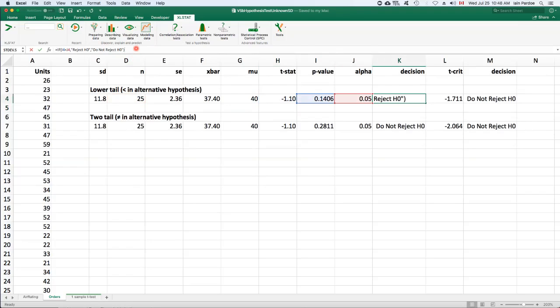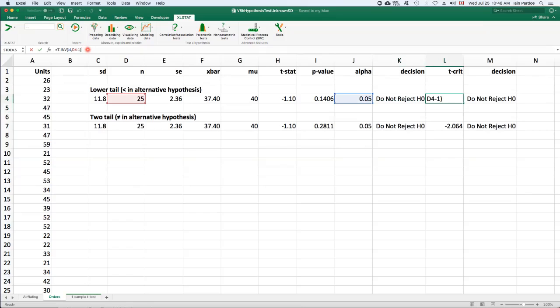So because the p-value is not less than 0.05, we do not reject the null hypothesis. So the null hypothesis seems more reasonable here. We don't have enough evidence to reject that null in favor of the alternative.